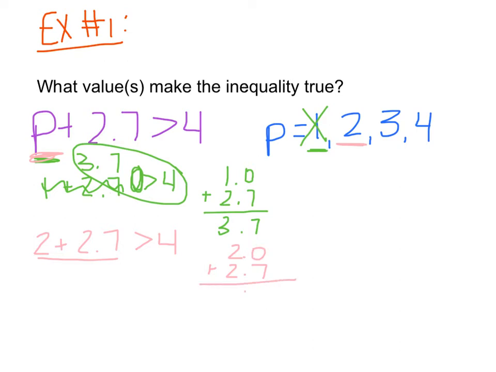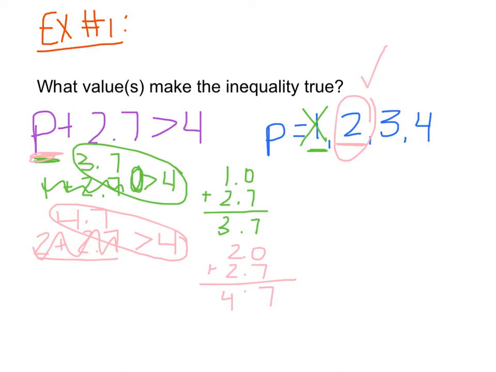Bring your decimal down, add them up, and we get 4 7/10. Now we can say to ourselves, is that true? 4 7/10 is greater than 4, and yes, it's true. So 2 is a solution.